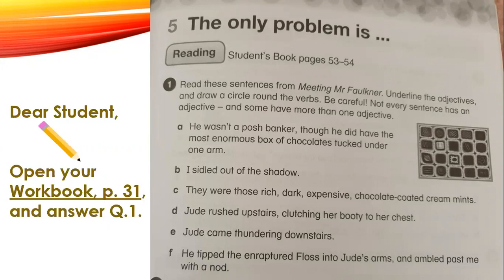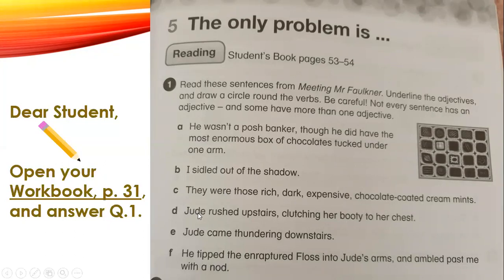The verb comes after the subject. The subject is they, and the verb is were. So please circle the verb. And in this sentence, there are more than one adjective. So find the adjectives and underline them.